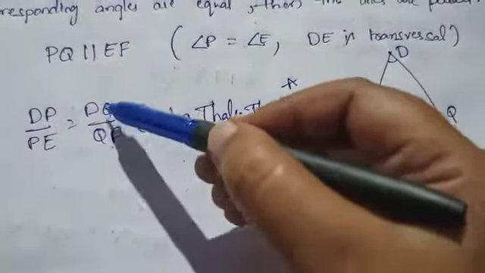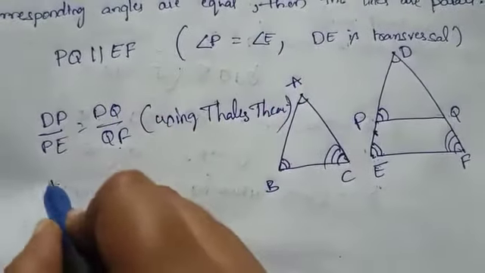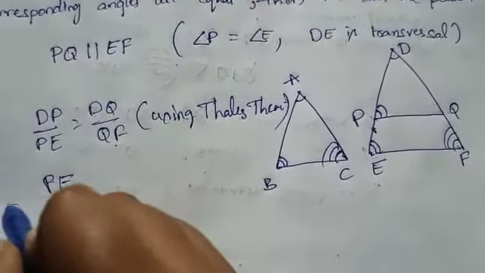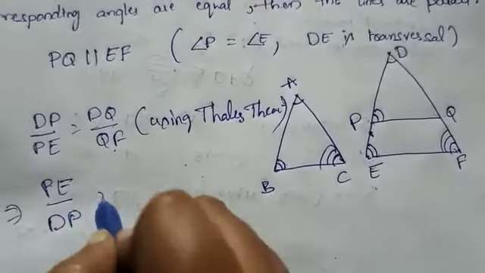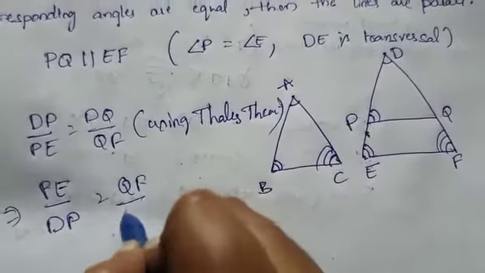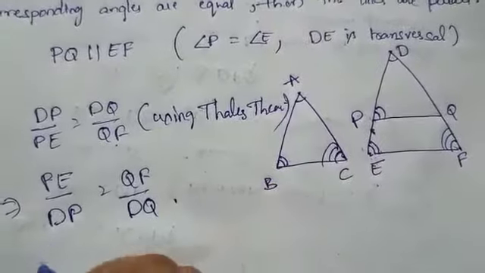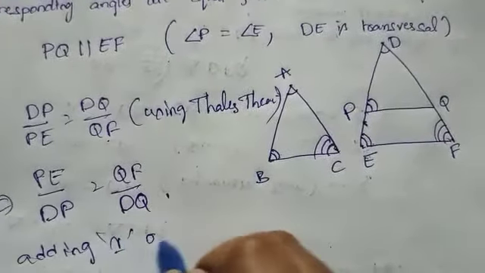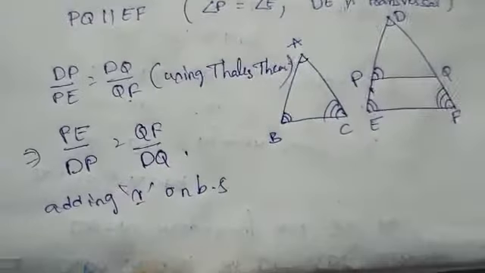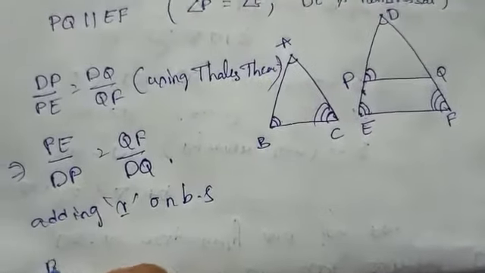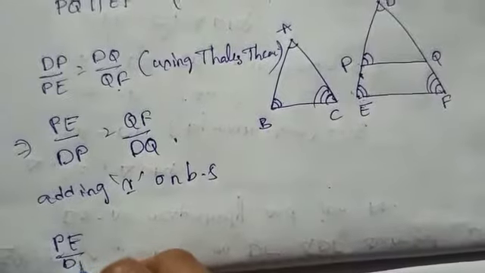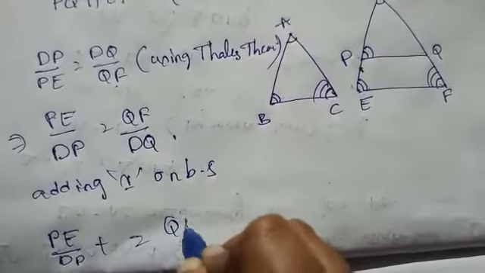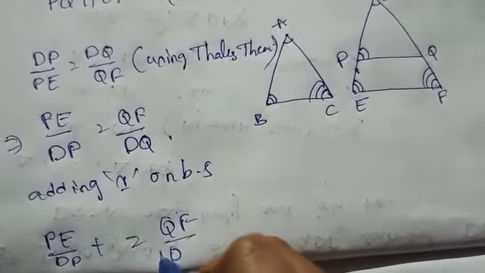Write the reverse of this ratio: PE by DP equals QF by DQ. Adding 1 on both sides: PE by DP plus 1 equals QF by DQ plus 1. Take LCM.